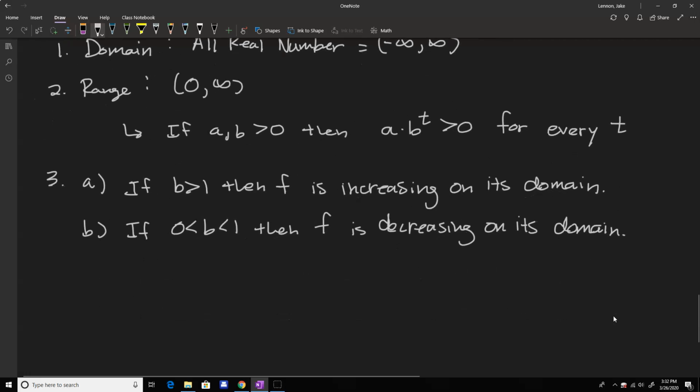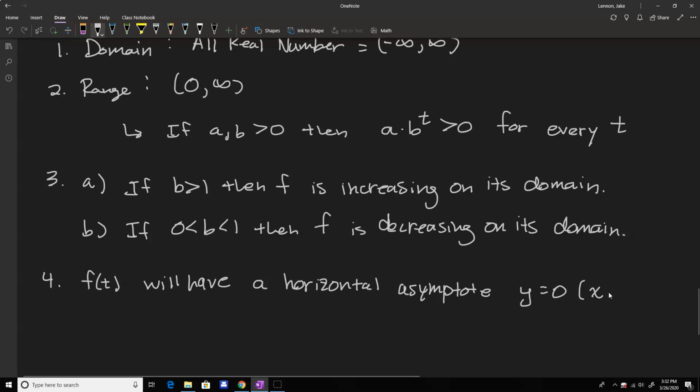And maybe the last thing we can talk about is f of t will have a horizontal asymptote y equals 0, which is just the x-axis, and a, that's going to be to the left in the case that b is greater than 1, so that's exponential growth.